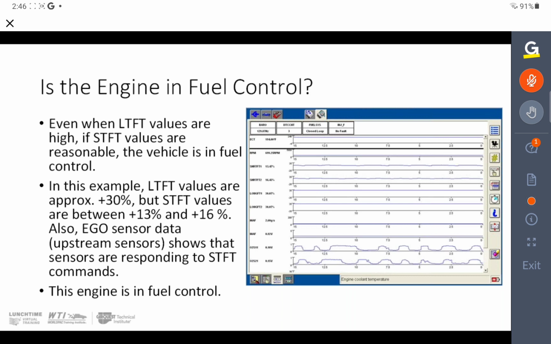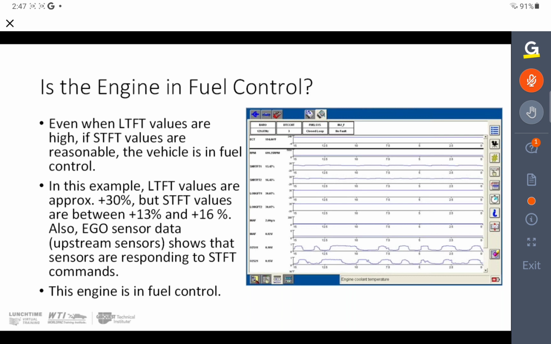Again, we want that short-term fuel trim to be as close to zero as possible. So if I saw a short-term fuel trim of like +5 or -5, and my long-term fuel trim was +15 or -15, I wouldn't necessarily say that the vehicle's fuel control was out of control.